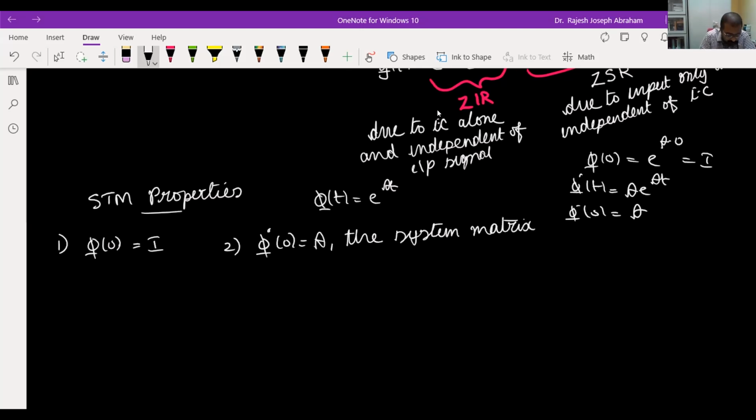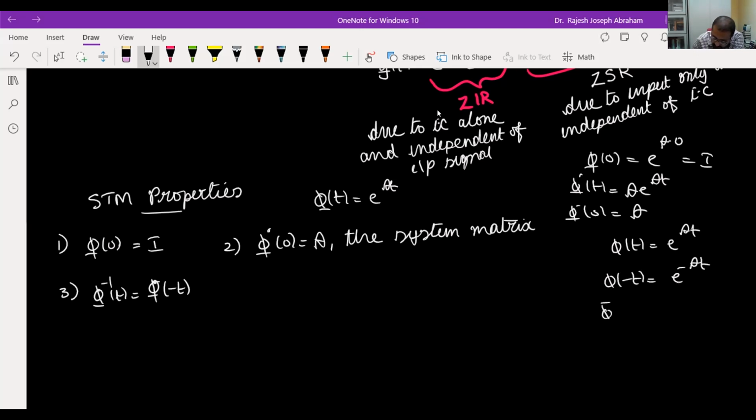Fine. Then phi inverse of t is nothing but phi of minus t. How come? Phi of t is e raised to at. So what is phi of minus t? e raised to minus at. So what will be phi inverse of t?